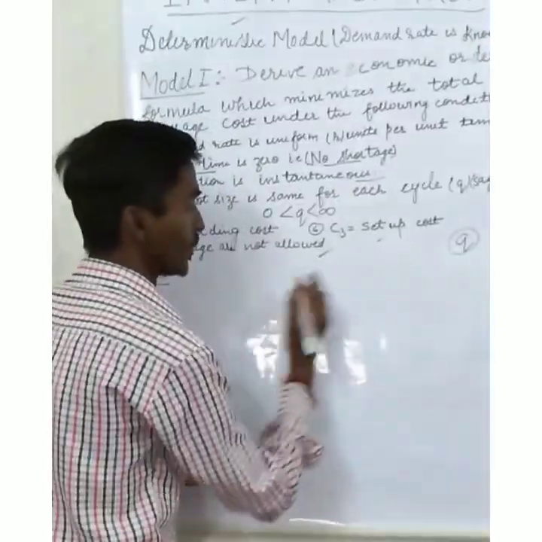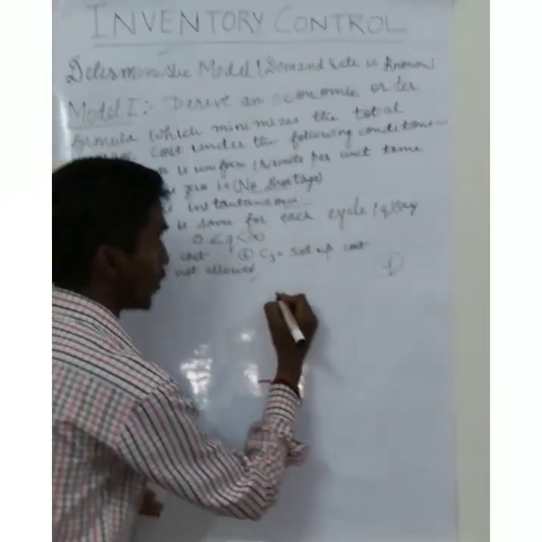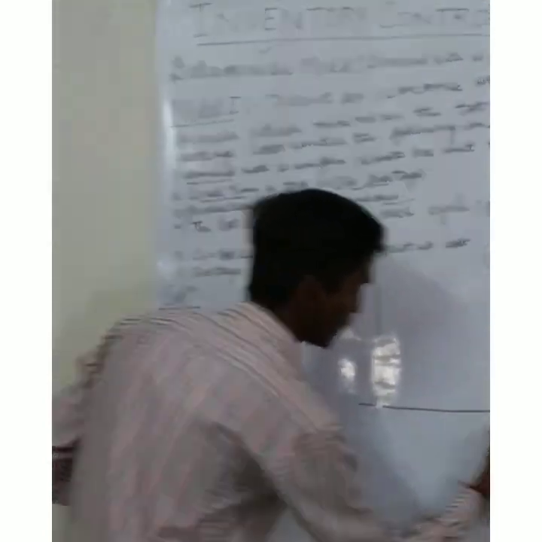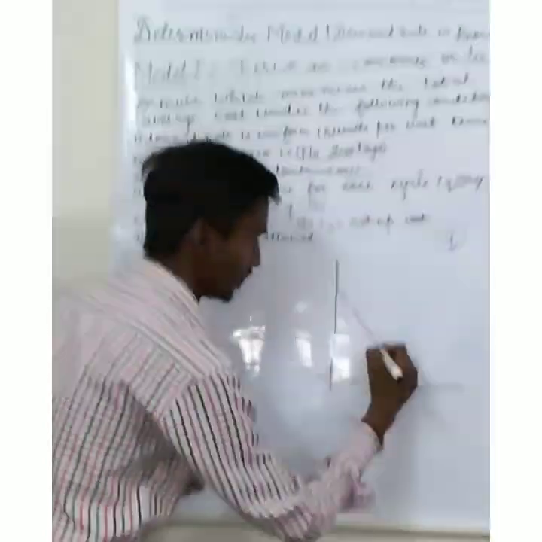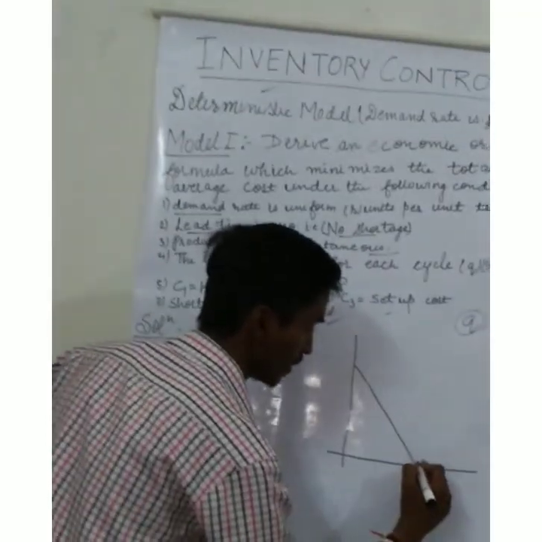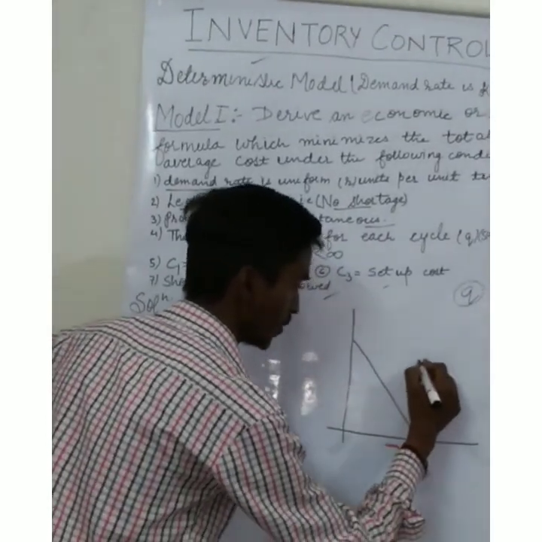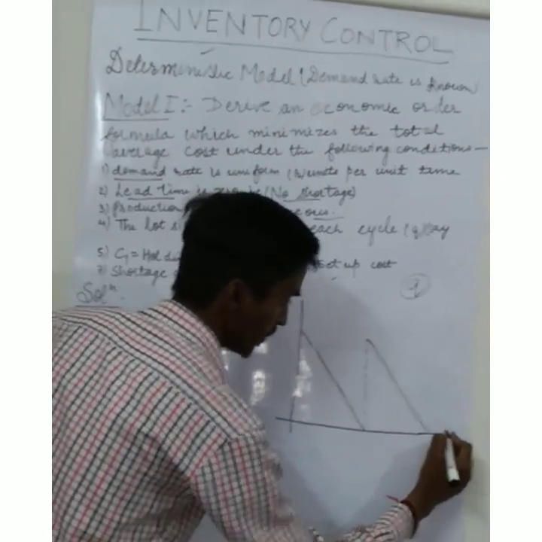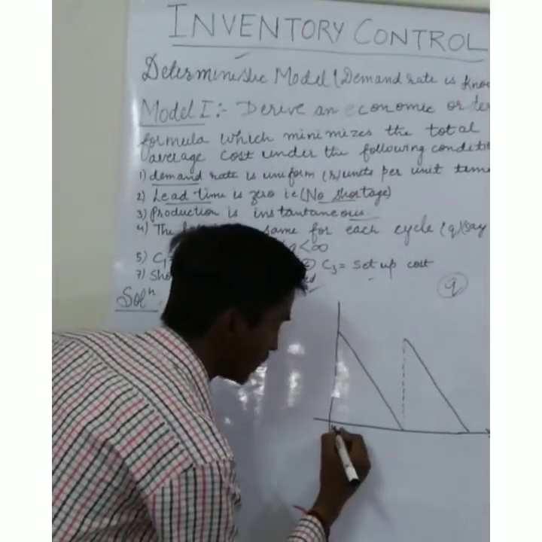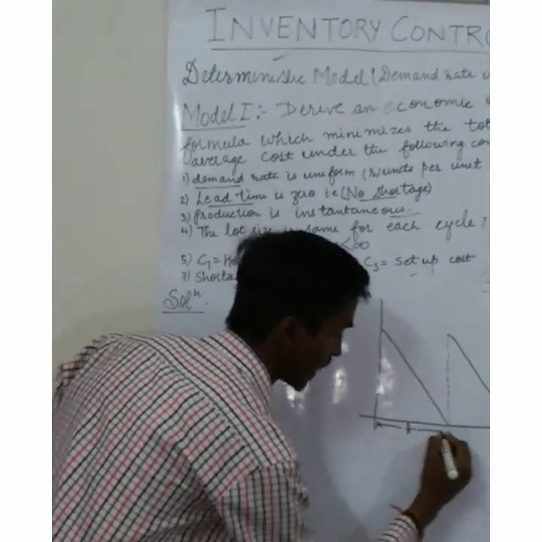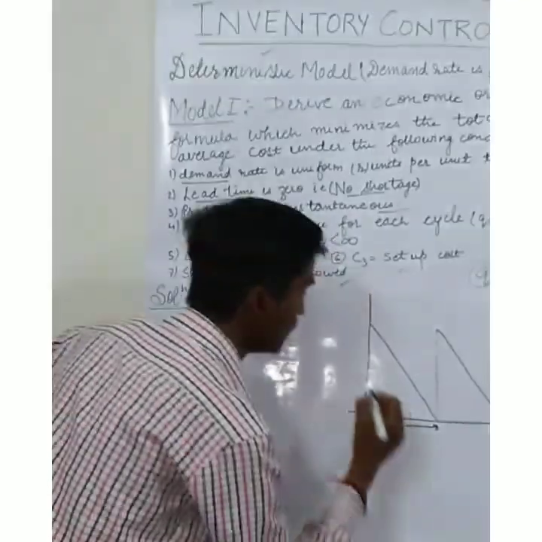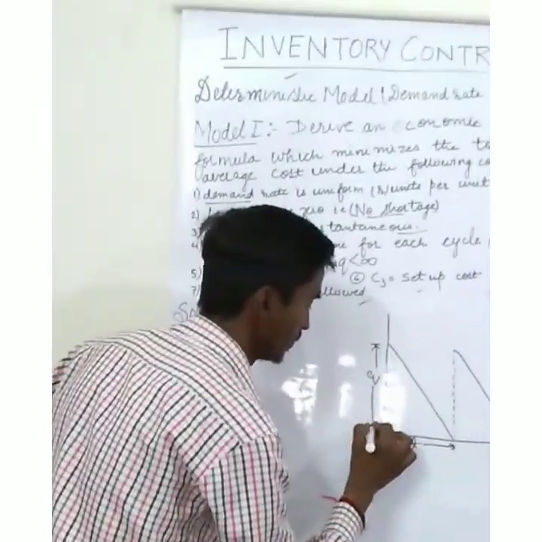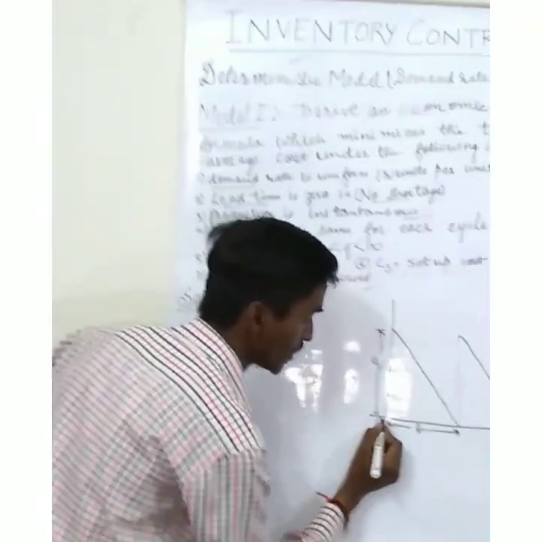First of all, I draw a time inventory graph. Shortages are not allowed. This time interval is T. This is the quantity Q, and this is the origin.